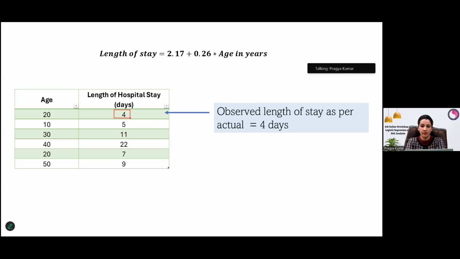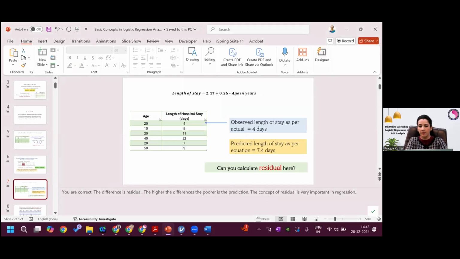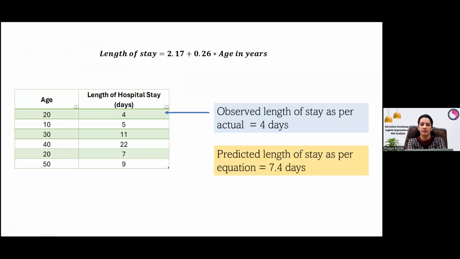Can you see that there is a difference between the observed and the predicted stay? So predicted is 7.4. What is the residual here?